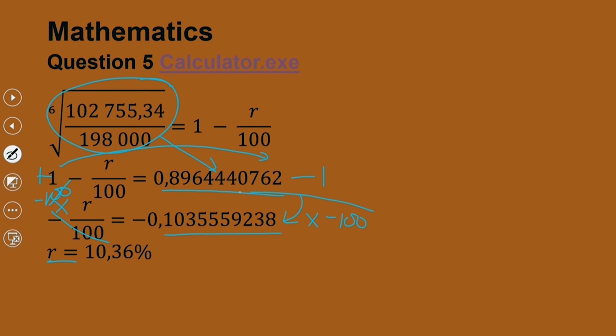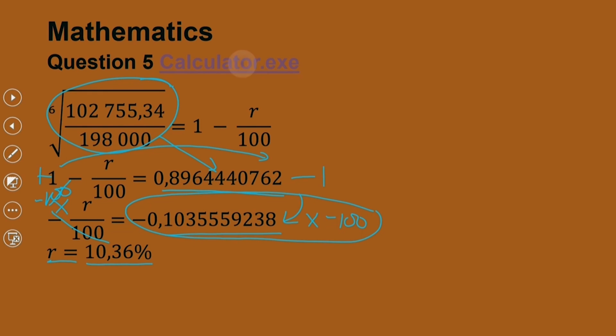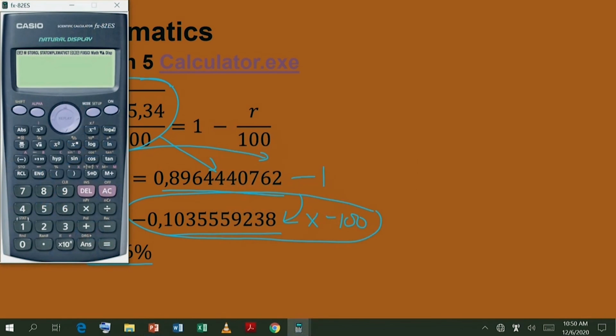And when you calculate this part, you end up getting 10.36%. Let us use the calculator to work this out. We have 0.896,440,762 minus 1.